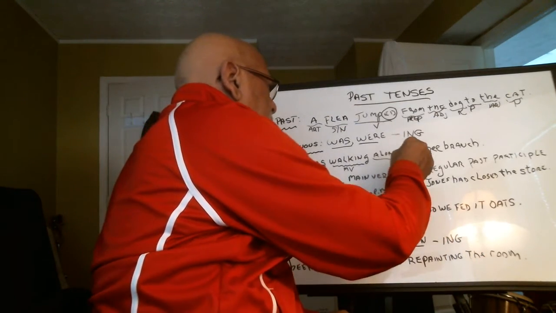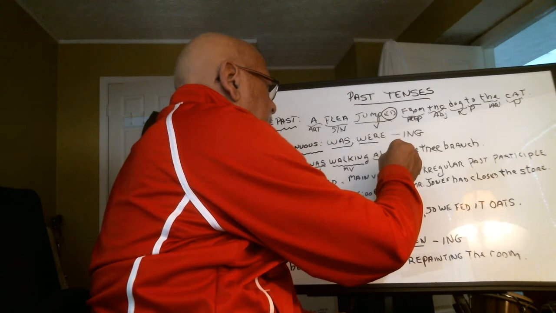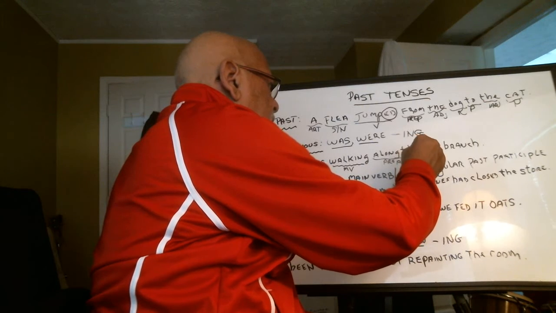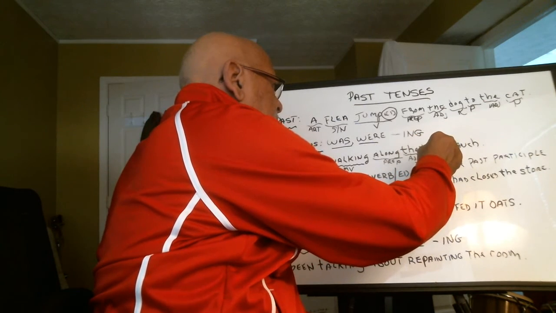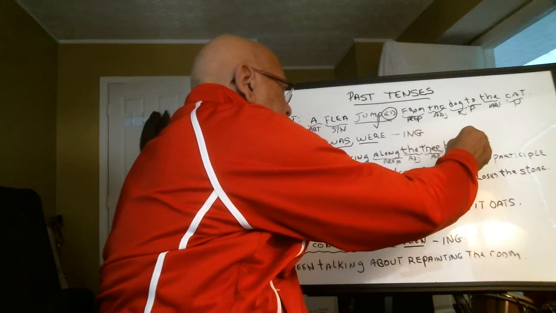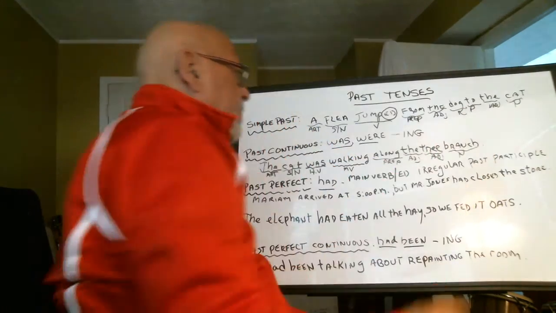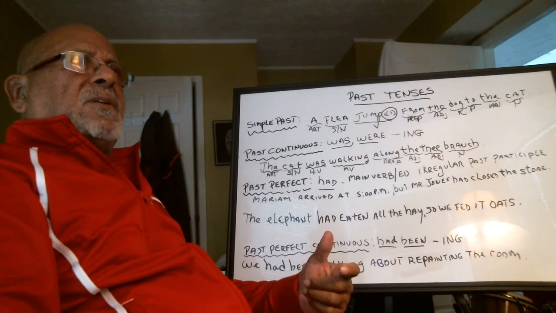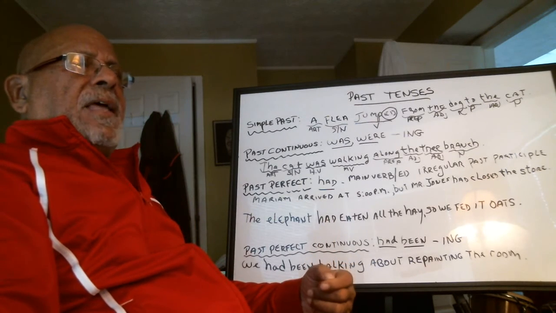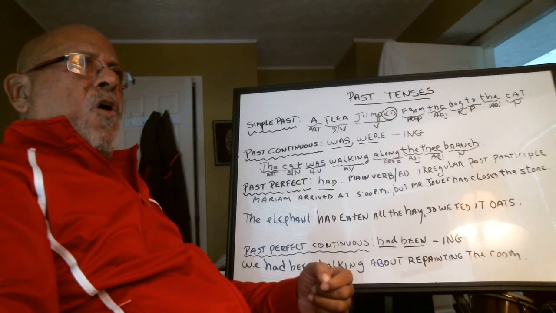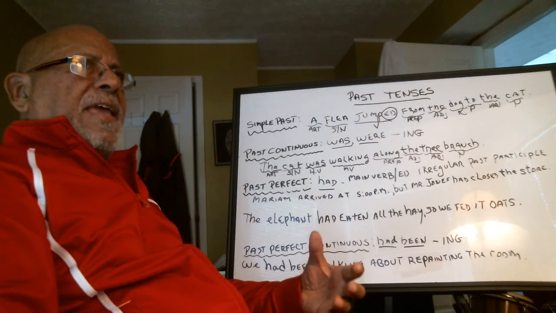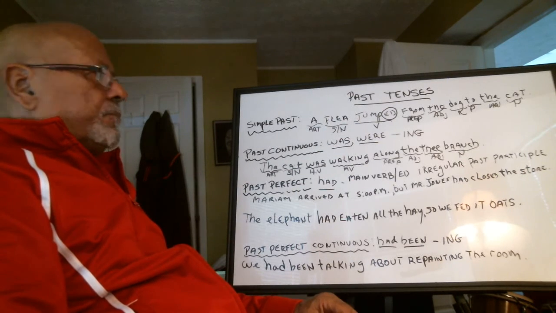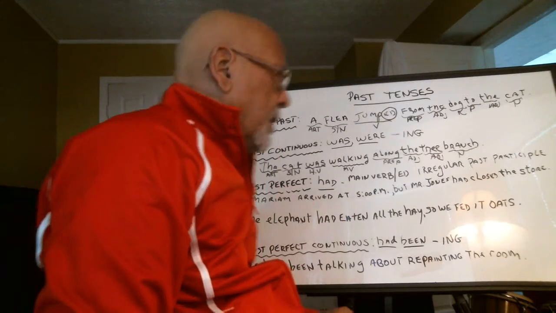But along is going to be a preposition. The, adjective, tree, adjective, branch, noun. Prepositional phrases usually act like an adverb or an adjective, usually adverbs. But here we're asking where.